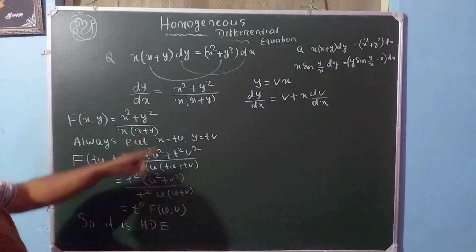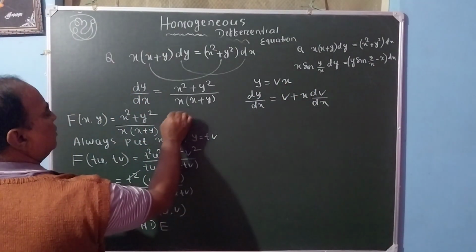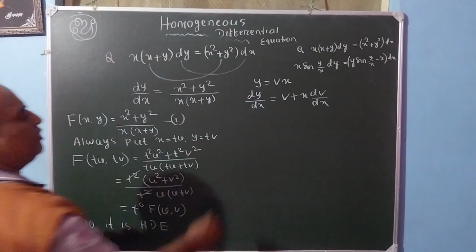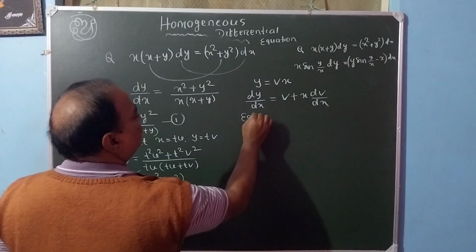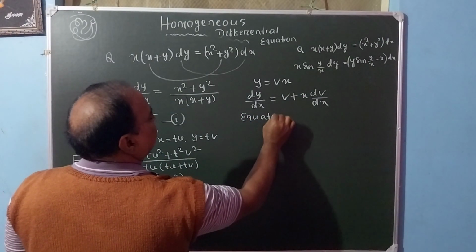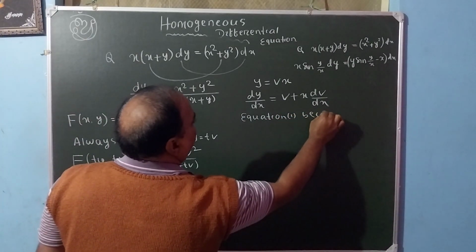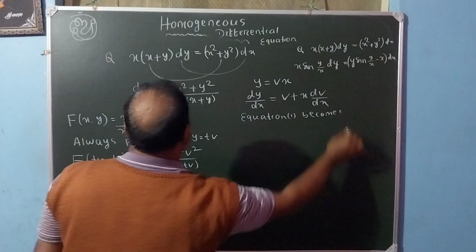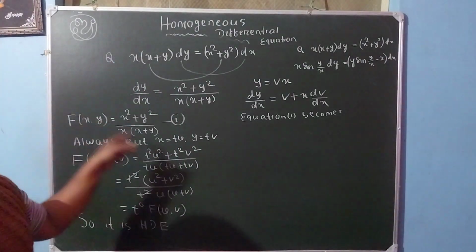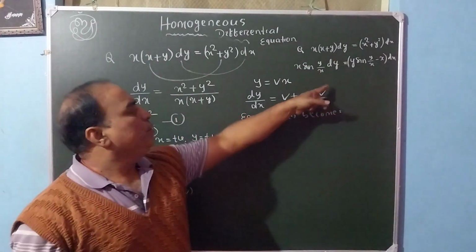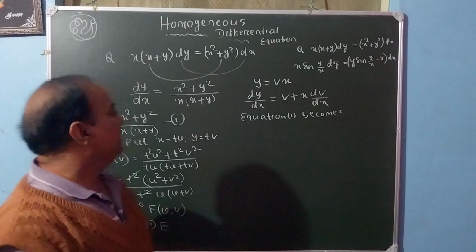Now equation 1 becomes, in place of dy by dx we put v plus x dv by dx.